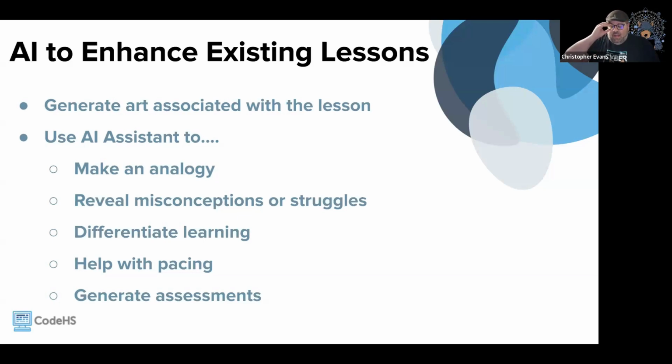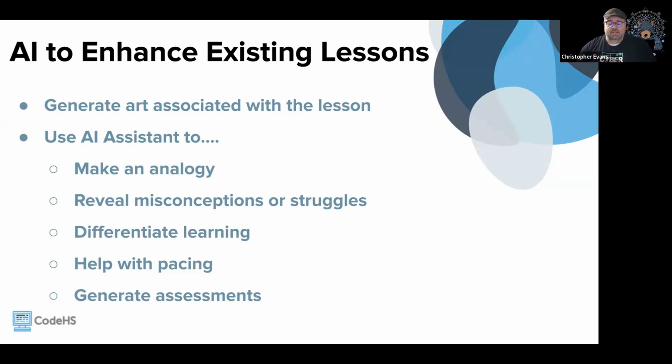You can take your lesson plan and ask your AI assistant or chatbot to make an analogy. If you need a bell ringer, a hook, something to get started, make an analogy. What are some misconceptions or struggles related to this concept? How can I differentiate this lesson? You can be specific. If it's an AP class, how can I differentiate this lesson for my advanced students?